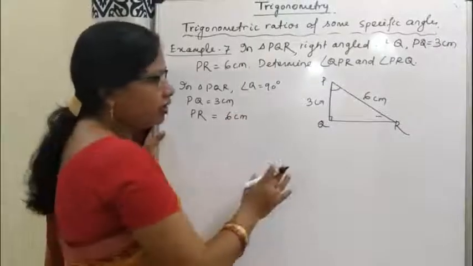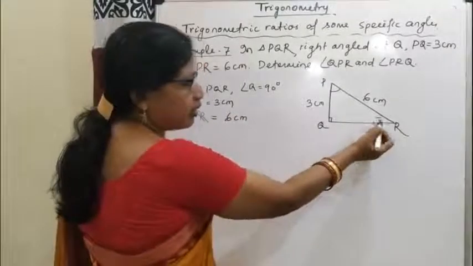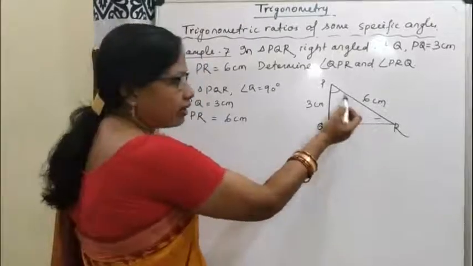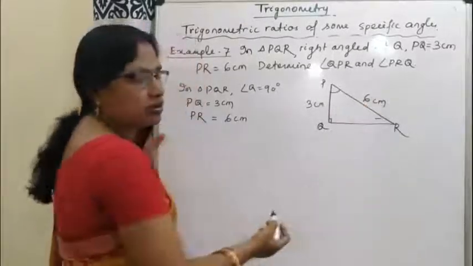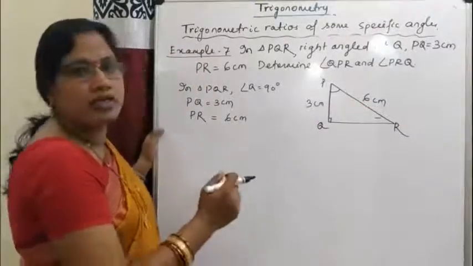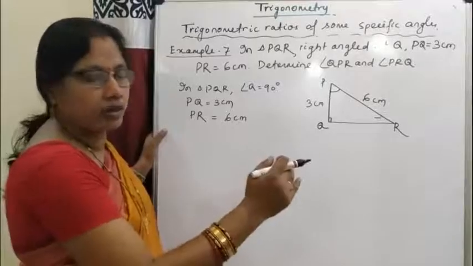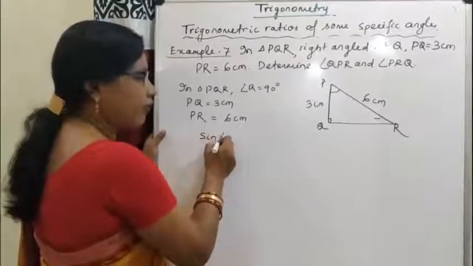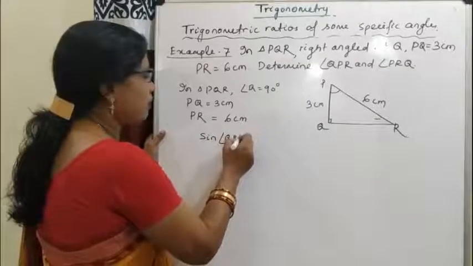If we consider angle R, then PQ is the opposite side and PR is the hypotenuse. Which trigonometric ratio relates the opposite side and hypotenuse? That is sine.